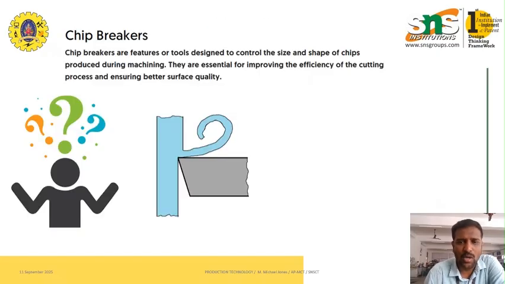Now coming to chip breakers, what are chip breakers? In certain cases we will intentionally break the chips, intentionally discontinue them. In certain materials, we'll have continuous long rolls of chips.